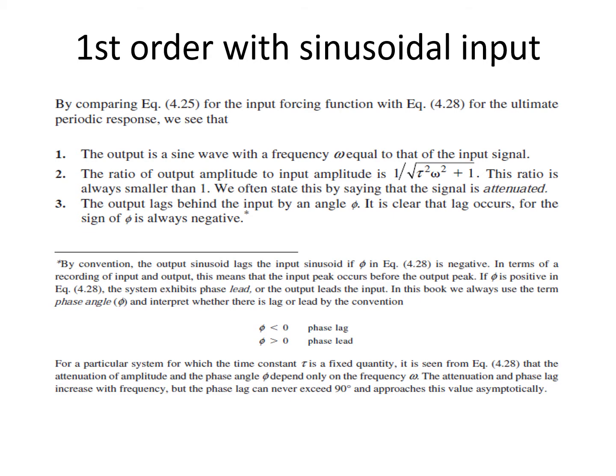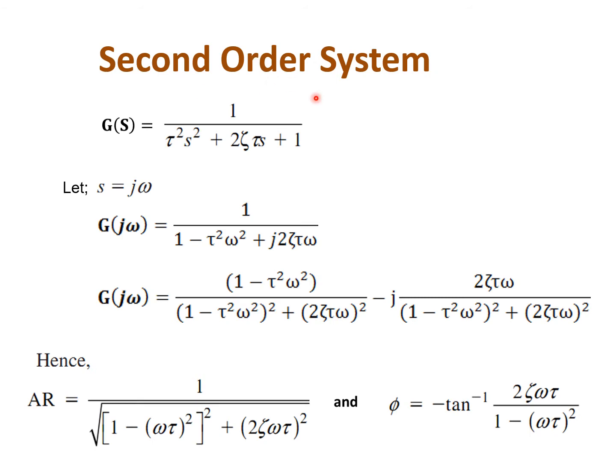And so we can do the same thing for the second order system. This was the transfer function given in terms of the s domain. We want to convert it into the phase angle and amplitude ratio, which is the frequency response domain. So just convert s equals j omega, and we'll get this transfer function.